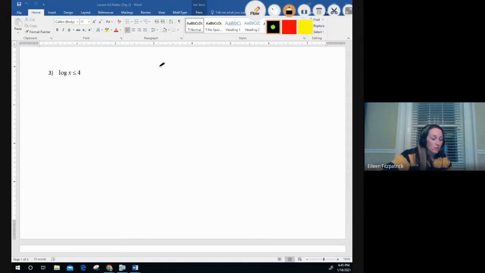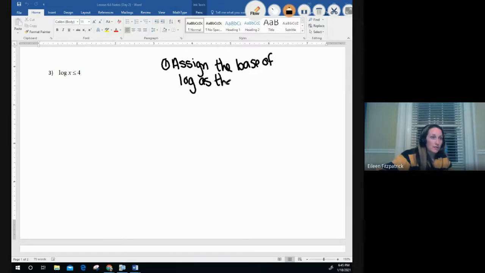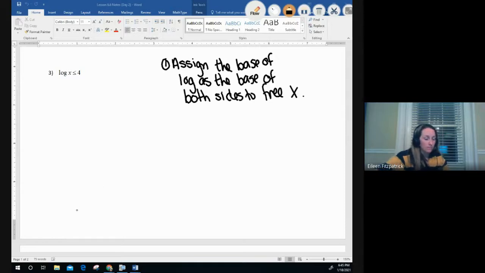For these problems, you're going to assign the base of log as the base of both sides to free x.